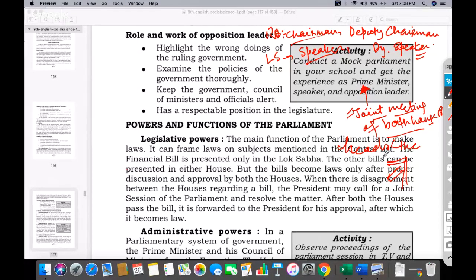Hey, I'm saying one among chairman, deputy chairman, speaker and deputy speaker.